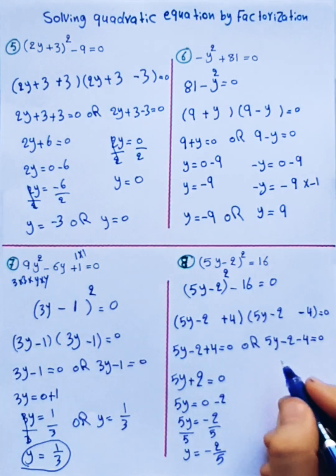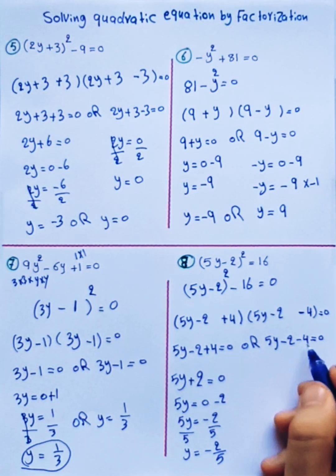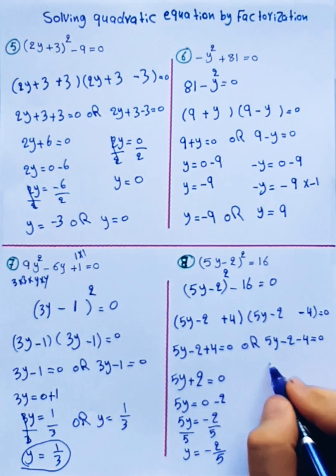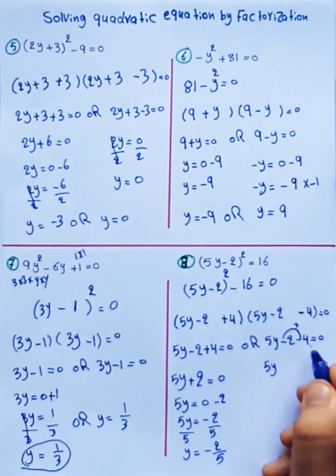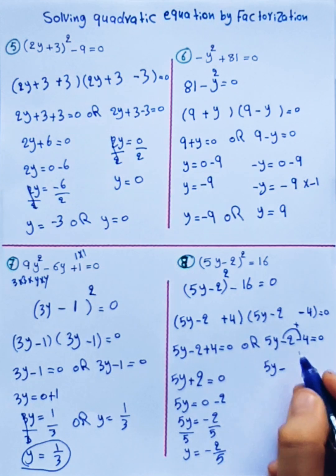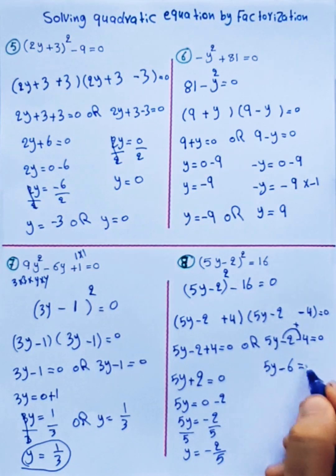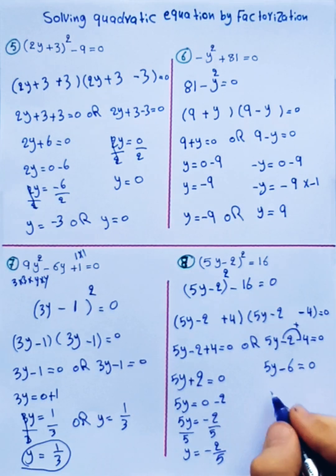And then the right side you have 5y minus 2 minus 4 equal to 0. So we have minus times minus equal to plus. We have to add these two numbers. 2 plus 4 equal to 6. The sign of the large number is negative, 6 equal to 0, and then we have to change the place of negative 6 to the right side.